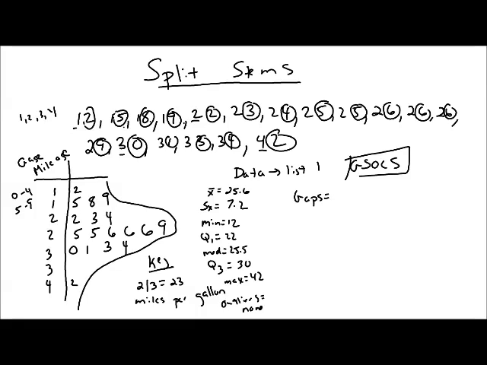Oh, there's a gap right here. Look at that, the 3 doesn't have anything. So there is a gap between 34 and 42. Well, 34 and 42 what? Miles per gallon.